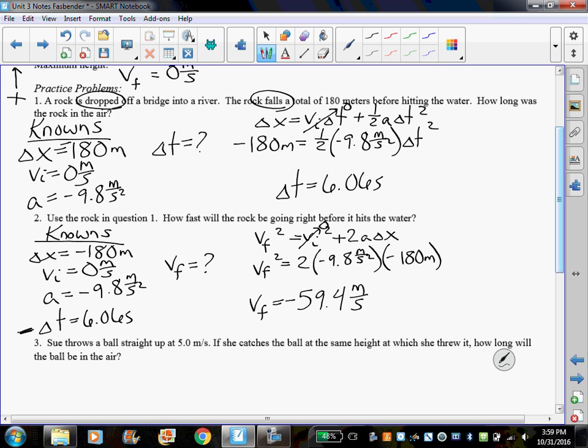This makes sense because we know that when we square something, a negative value squared is the same thing as a positive value squared. So when we take the square root, we can choose either the positive or the negative answer. And in this case, we're just going to choose the negative one to show that this thing is going down, moving with a velocity that is down.